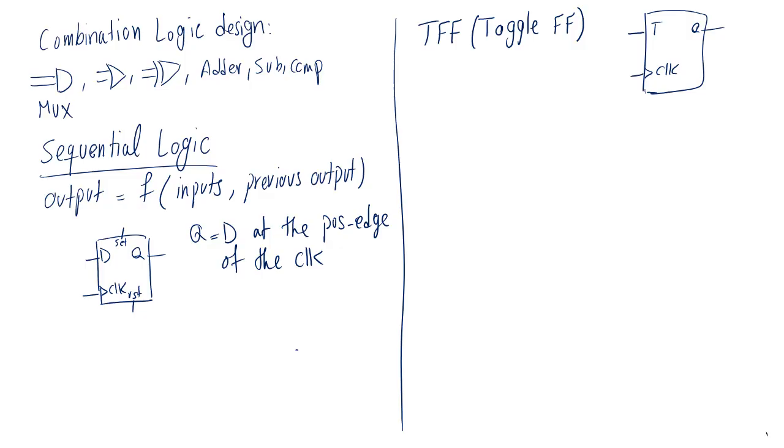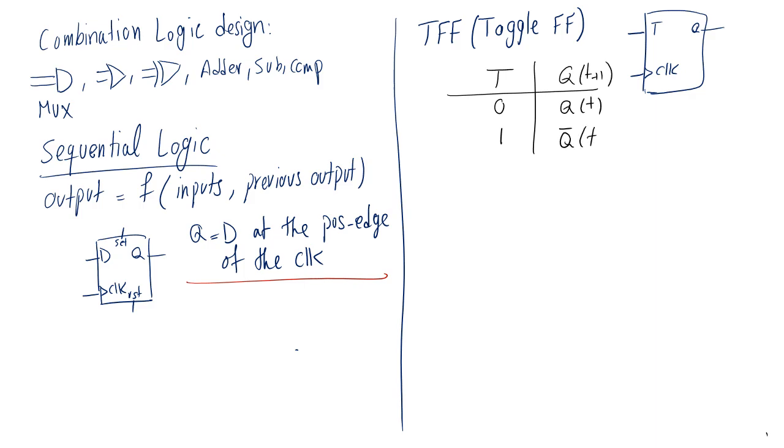With D flip-flops, this was the principle of operation: Q is equal to D at the positive edge of the clock. For the T flip-flops, depending on the value of T, Q could be the previous value of Q. So Q at t plus 1 is going to be Q at t or Q bar at t.